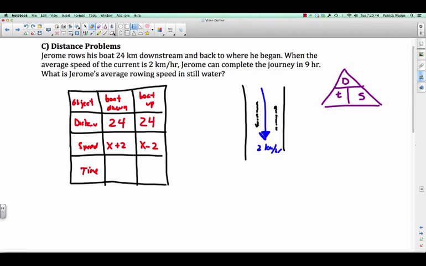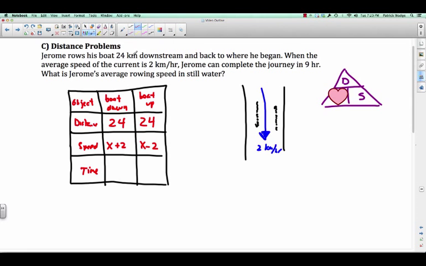So, for example, if I wanted to know what the formula is for distance, I cover up the D and I'm left with time times speed. If I want to know what the formula is for speed, I cover it up, it's distance over time. If I want to know what the formula is for time, I cover it up, it's distance divided by speed.